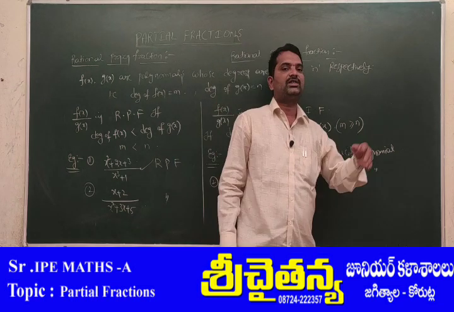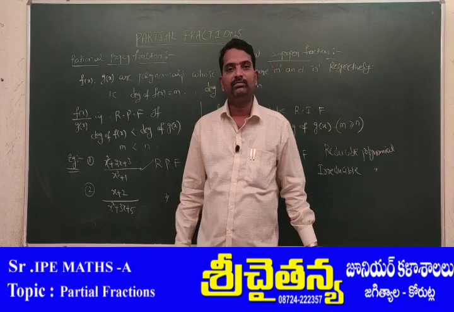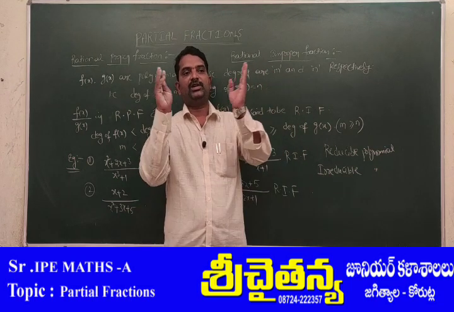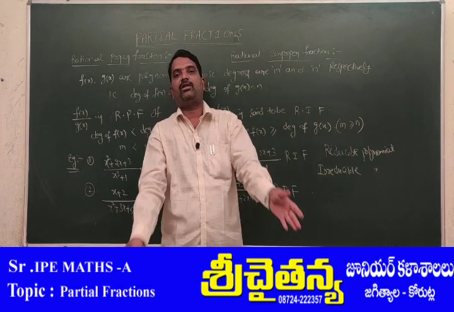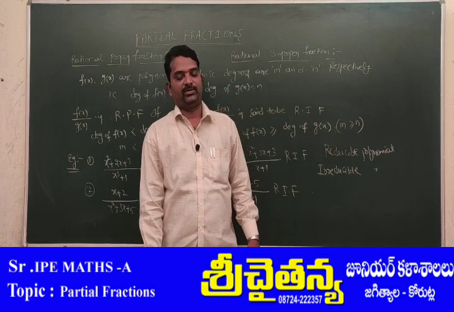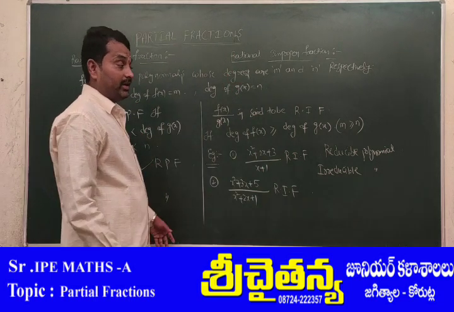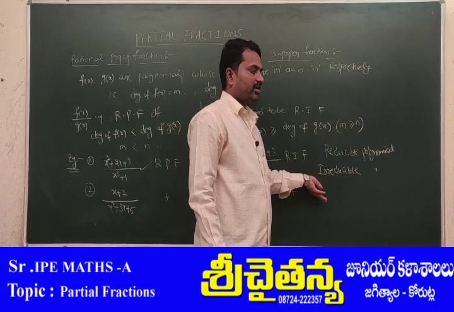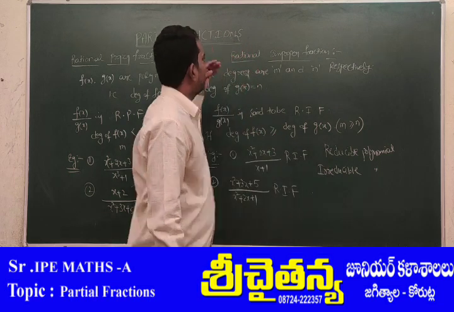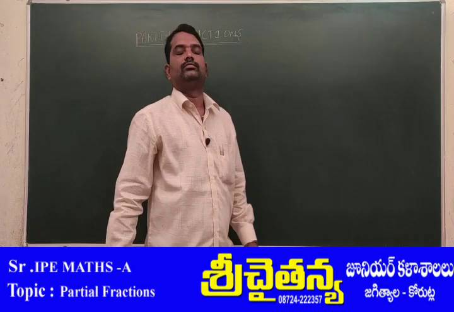An irreducible polynomial cannot be expressed as a product of linear polynomials. Why are we discussing this? These two definitions play a very important role when we are solving problems in partial fractions.